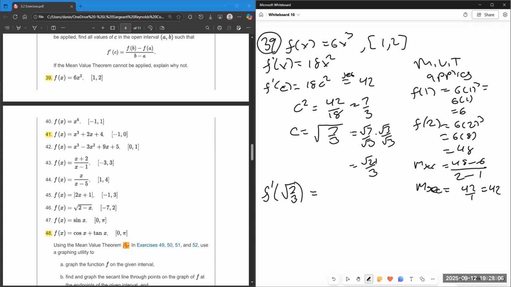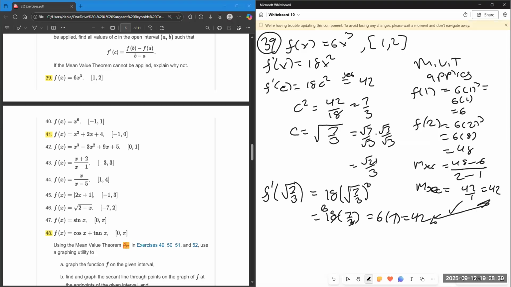My derivative is 18 times root 7/3 squared, because that square and that square root will get rid of each other. 18 times 7/3, 3 goes into 18 6 times. 6 times 7 is 42, which is my average rate of change here. And that's what I wanted, my instantaneous rate of change at c to be equal to my average rate of change over the interval.